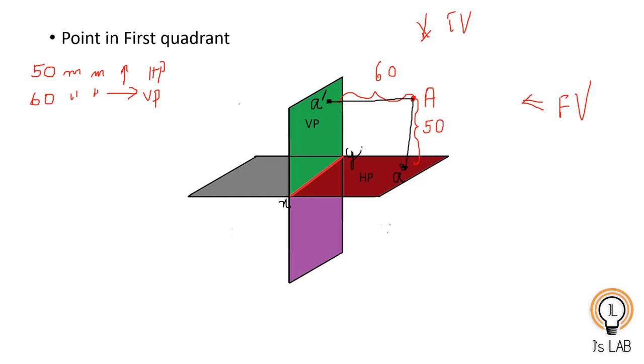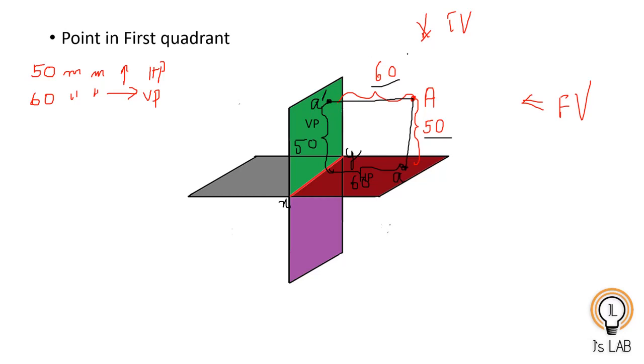The distance between the XY line and a dash will be 50 mm, and the distance between the XY line and a will be 60 mm. So a dash is 50 mm above the XY line and a is 60 mm below the XY line.